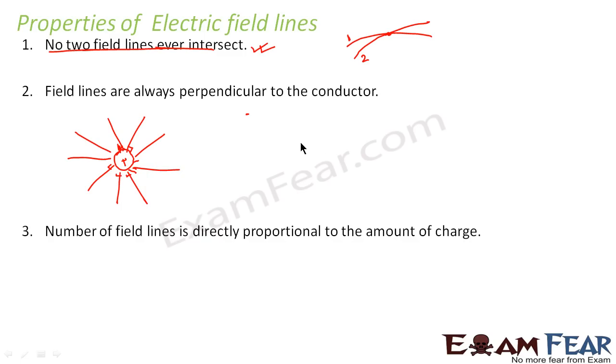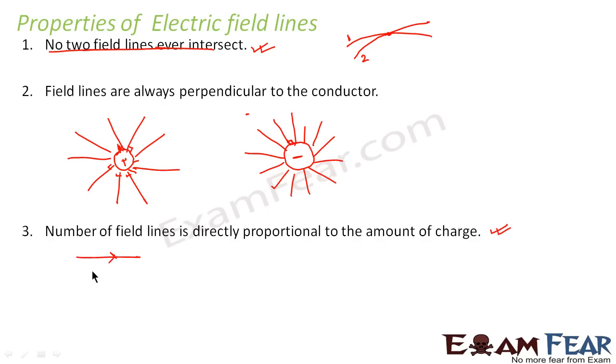Similarly, when the field line terminates on a conductor, let us suppose a negatively charged body, when the field lines come inside this, that time also the field line will be perpendicular to the surface of the conductor.